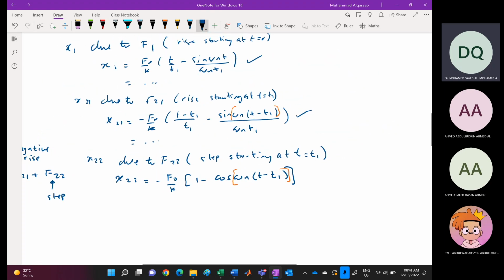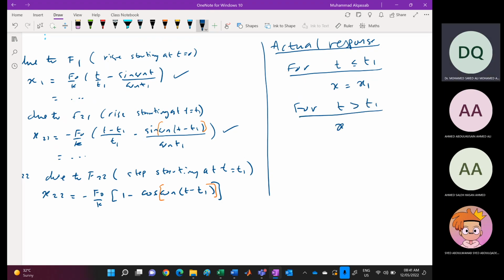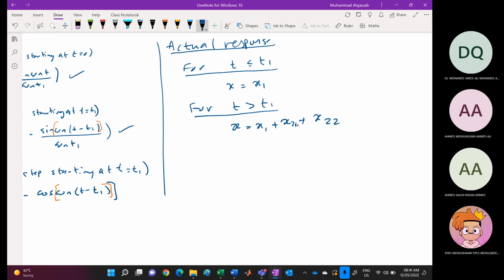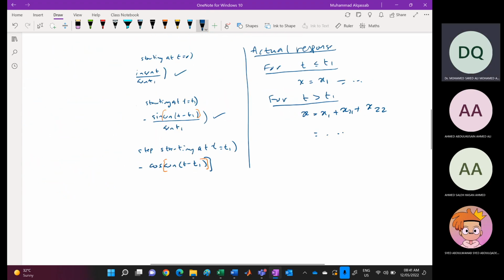Okay, so this is the response due to the force, and then we have the actual response, which is given by intervals: for t less than or equal to t1, x equal to x1, and for t greater than t1, x equal to x1 plus x21 plus x22. You substitute here and here to get the final.